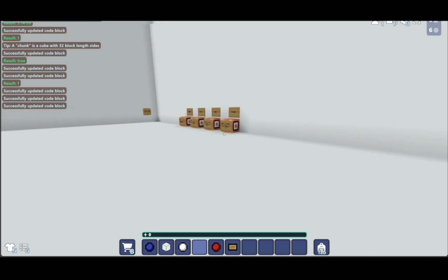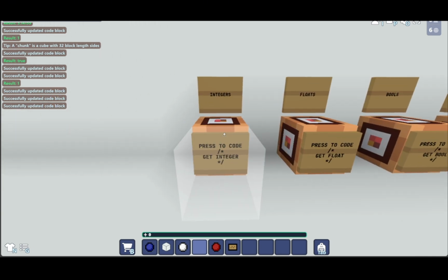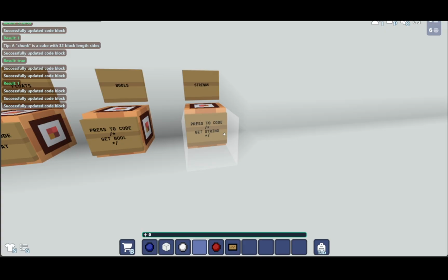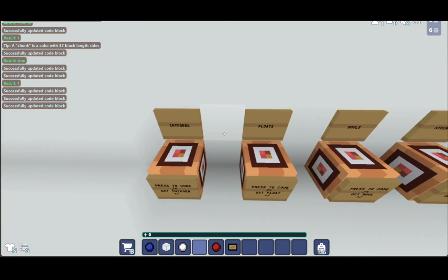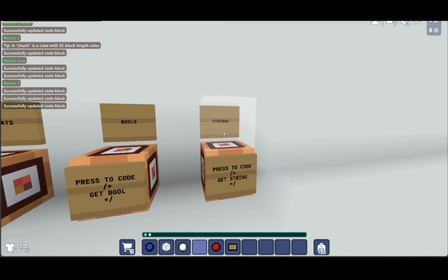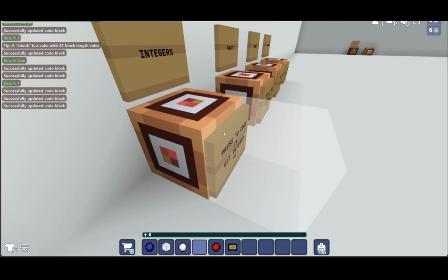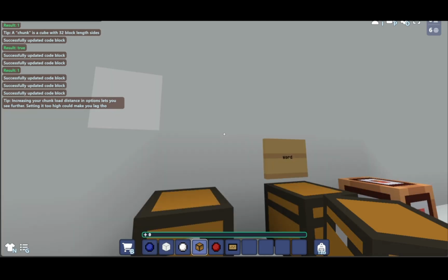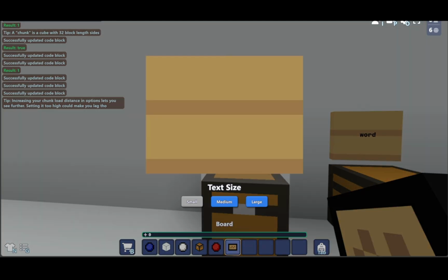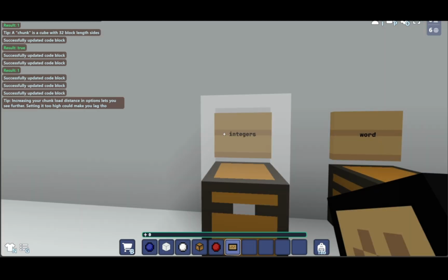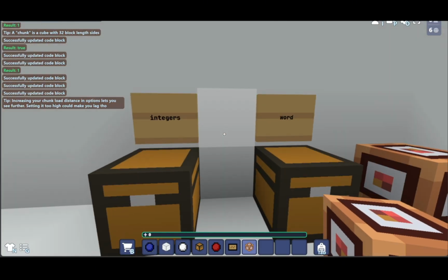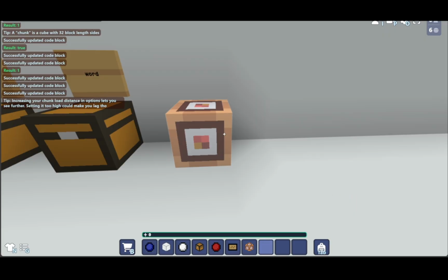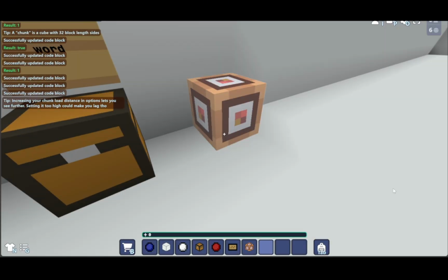Nice. Now that we've covered all the stuff you can store in here, there's a lot of possibilities, almost infinite, of what you can actually do with it. We can have multiple chests like this, where we call it integers. It will be the equivalent of creating another variable in the code, which is very easy to do.